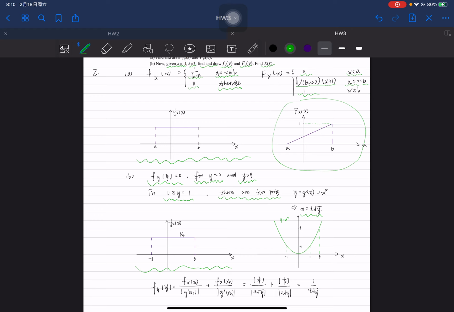And we can also try to draw the function of y equals x squared.